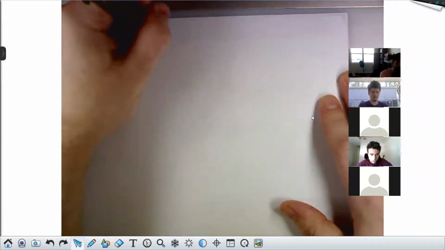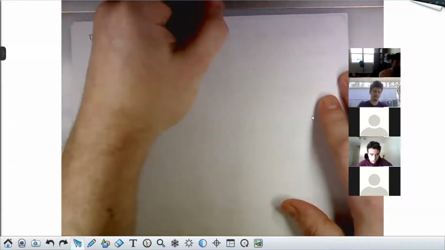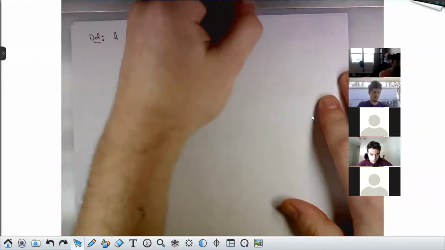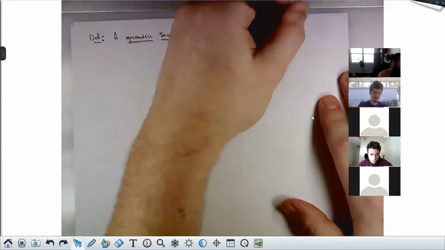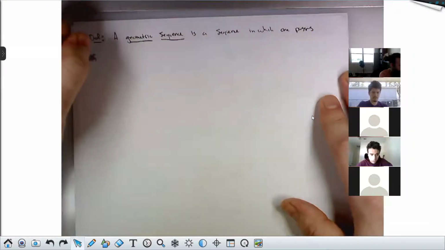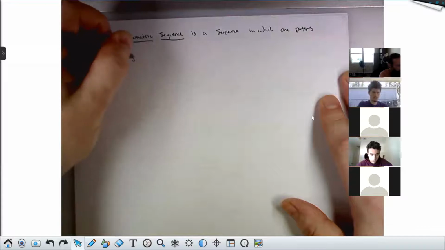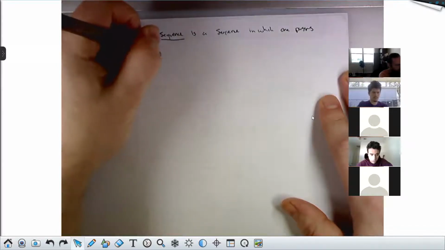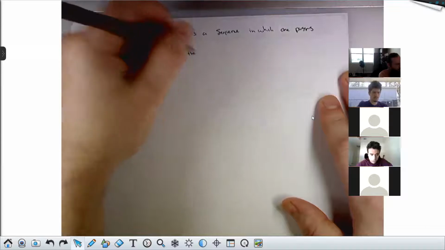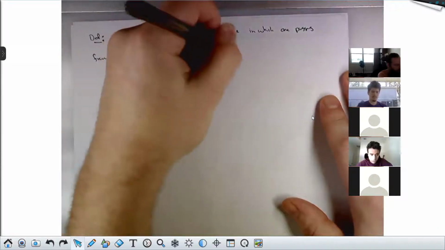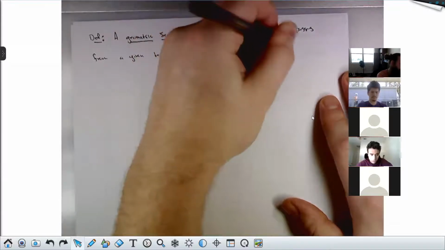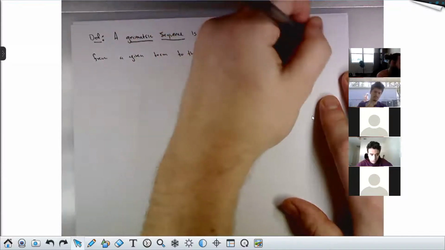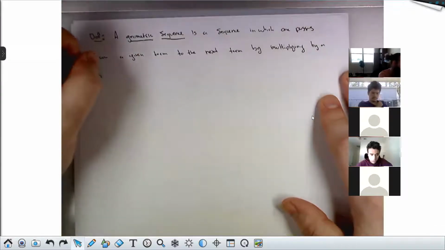A geometric sequence is a sequence in which one passes from a given term to the next term by multiplying by a fixed constant.